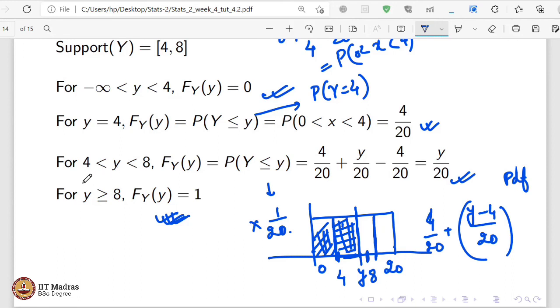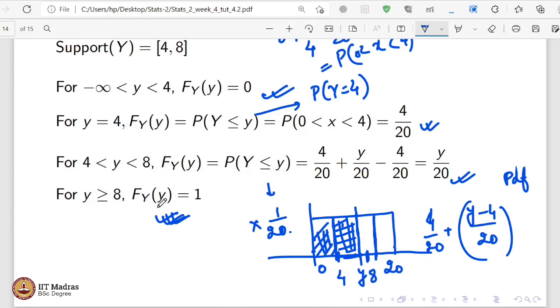And for that support from 4 to 8, we'll be having y less than equals to small y, and that area can be calculated directly, y minus 4 upon 20 plus this area, so that is y upon 20. Okay, and for y support we don't have anything after 8.